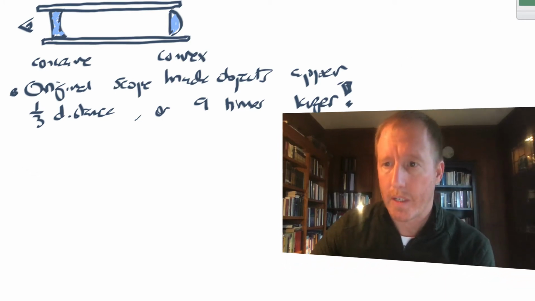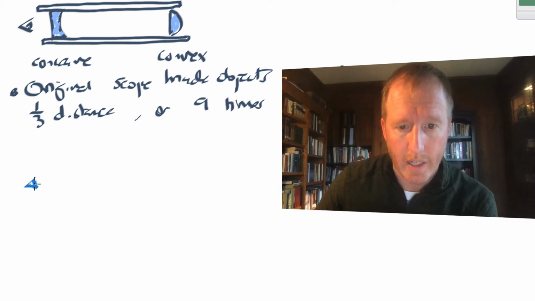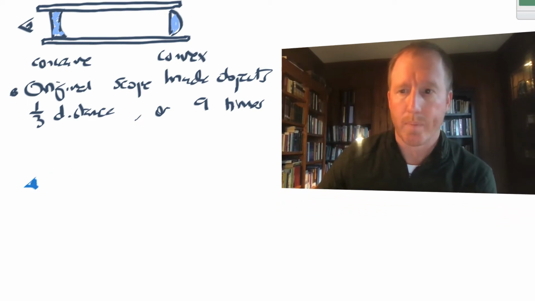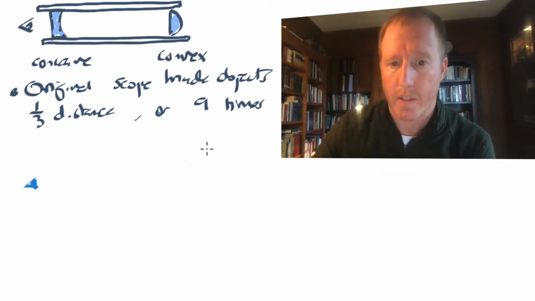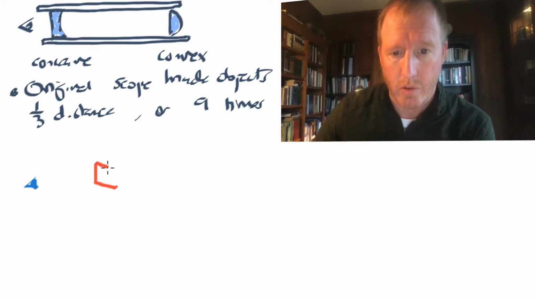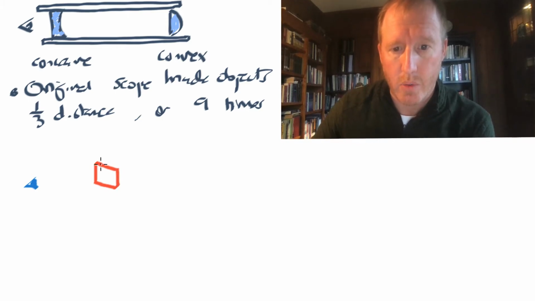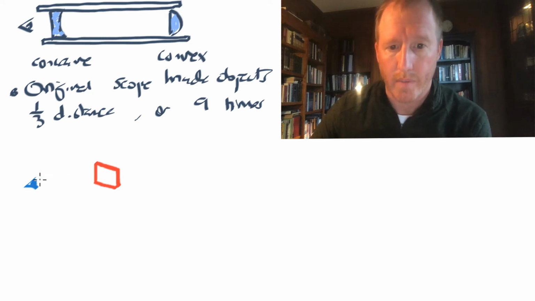Well, let me make a sketch here to give you a feeling of what's going on. So let's suppose your eye is right here. I'll make your eye look blue. And let's suppose that you are looking at some object, and let's make that object orange. I'm just going to make a square object to make this drawing a little bit easier. And this square object is going to take up some kind of fraction of your field of view. So I'm going to draw some straight lines here.